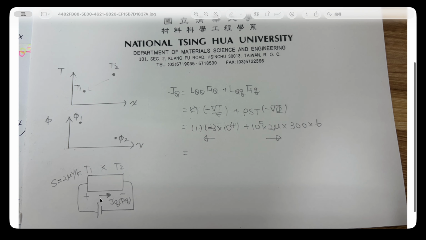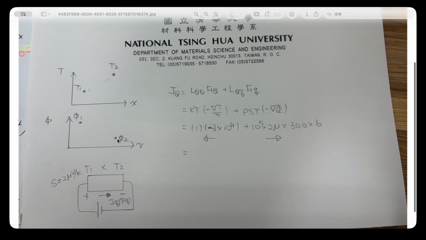You can also do the same thing here to check whether you mess everything up. Small q is the battery you connect here. I also draw this side as positive, the anode, and this as the cathode, so phi 1, phi 2, and the gradient is the slope here. So we use phi 2 minus phi 1 and have a negative term. Phi 2 minus phi 1 is negative, times negative, so we have positive.